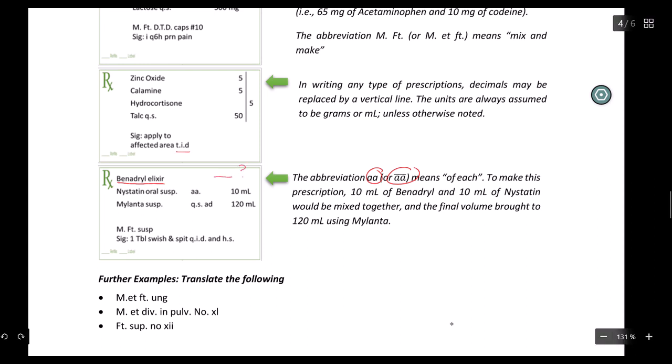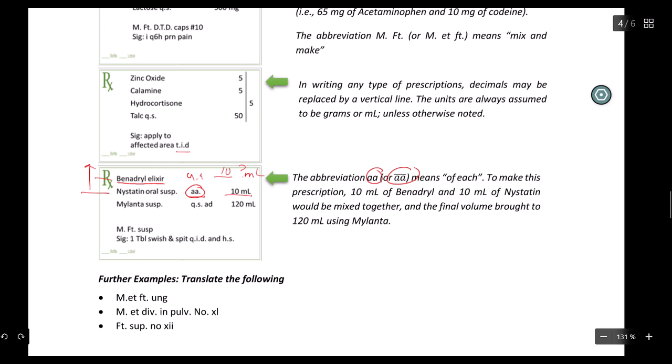It says nystatin oral suspension, and it says AA 10 mLs. What that means is this AA means of each. That means that you would assume an AA here, and this is saying 10 mLs. So this is saying that you want 10 mLs of Benadryl plus 10 mLs of nystatin. Anything above this AA is going to be the exact same amount.